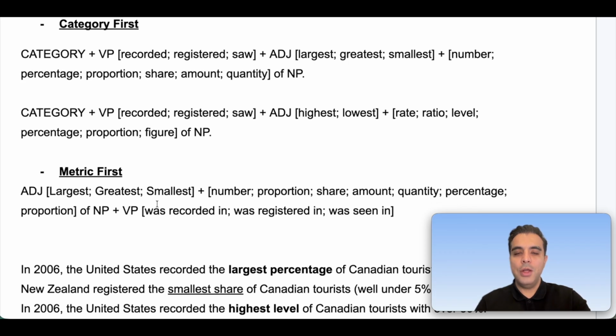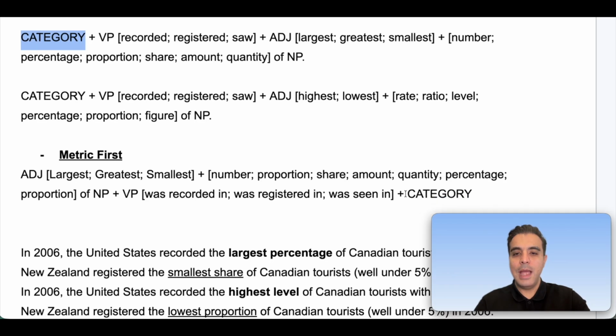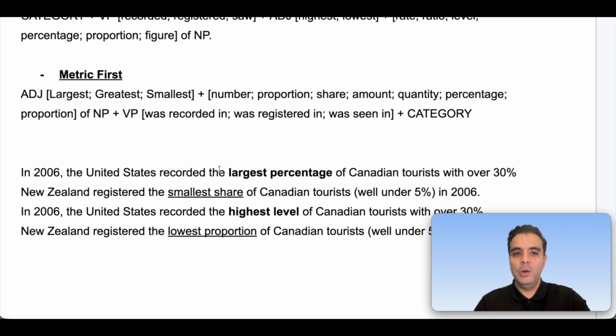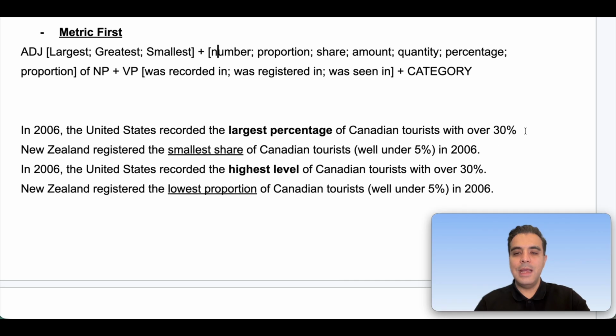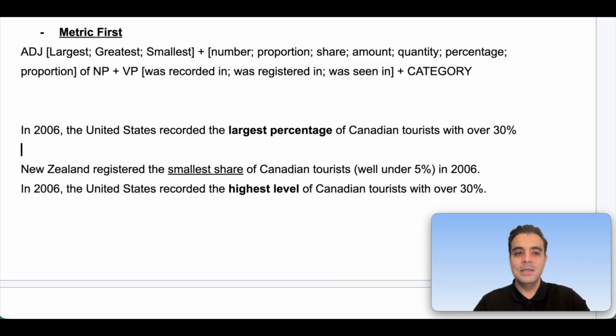Remember, these are not the only verbs that you can use. In fact, you can use any type of verb that is introduced by the topic itself. These are just a few examples that are likely to be easily reused across different topics. Finally, we add the category. Remember, this is the same category that appeared first in the previous structure and now appears at the end of the metric first structure.